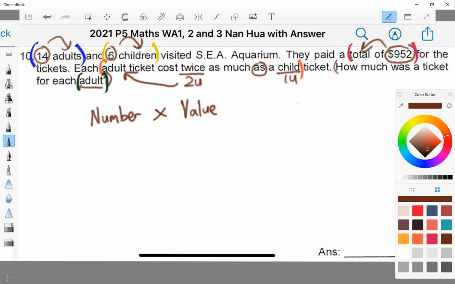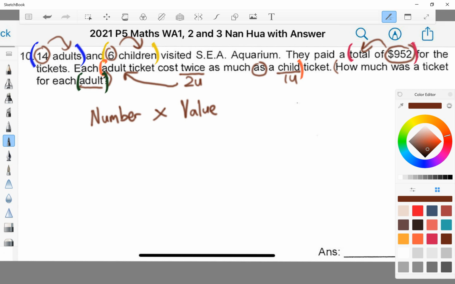And we occasionally also see questions that talk about the prices of items, like the pillow costing $25 and the bolster costing say $50. And we also have questions that have to do with money, as in the different denominations of money, whether it is in coins or dollar notes.